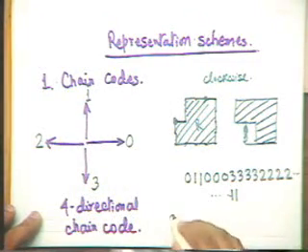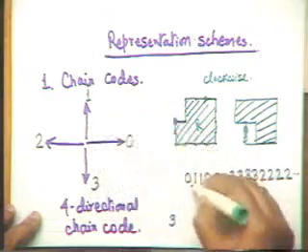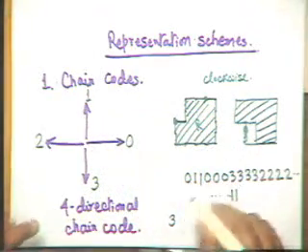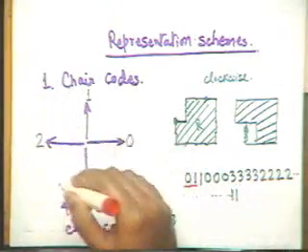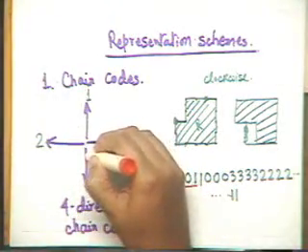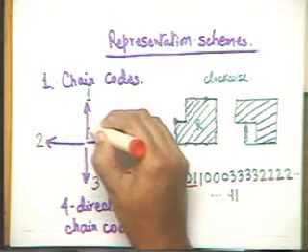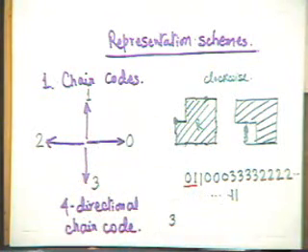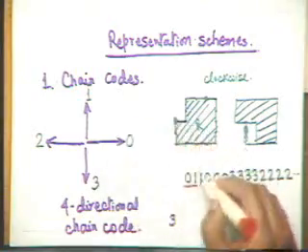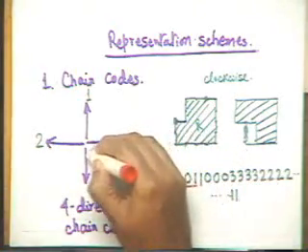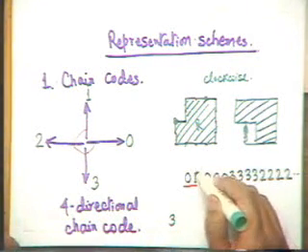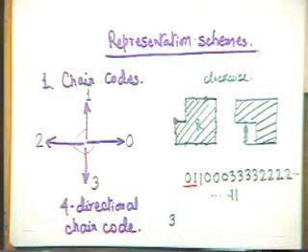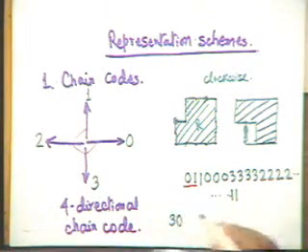So we call this code 3, because while going from 0 to 1 you are traveling 1, 2, 3 clockwise direction, sorry. So while going in the clockwise direction from 0 to 1, we are having 1, 2, 3 direction changes. So we put 3 over here. When we go from 1 to 1, how many direction changes? 0.